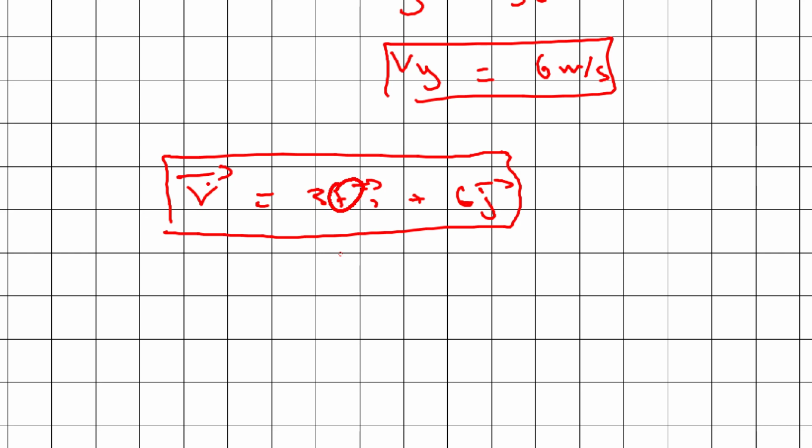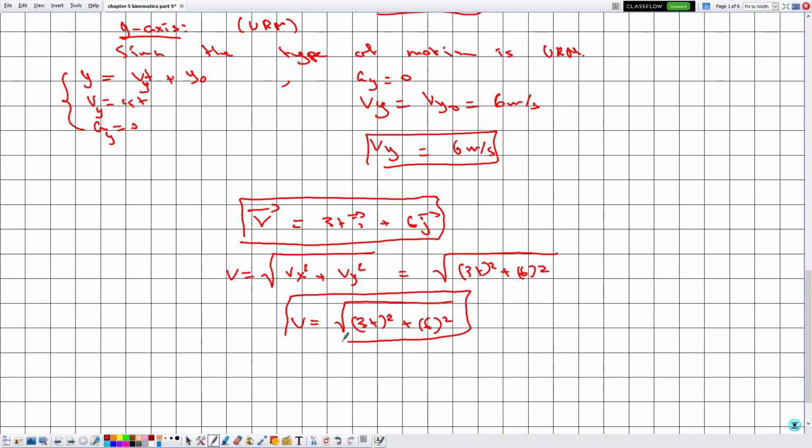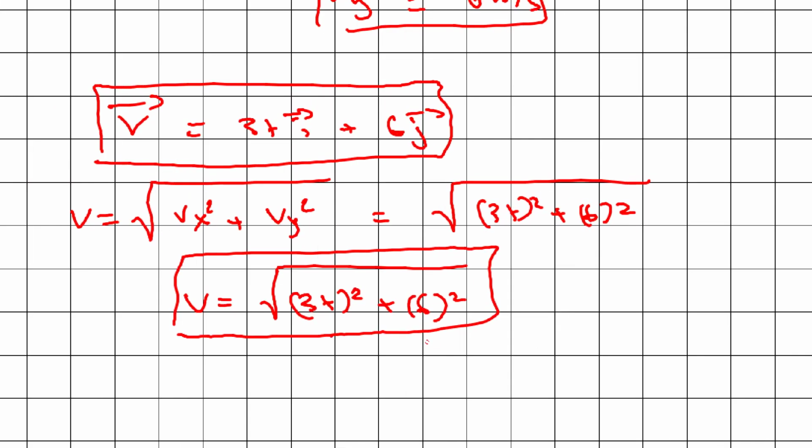Then knowing that speed is the magnitude of v, dropping down the vector, v is given by the square root of the sum of its components raised to the power 2, which is given by (3t) to the power 2 plus 6 to the power 2. So the instantaneous speed is given by the square root of (3t)^2 plus 6^2. Notice that we name it the instantaneous speed because it explicitly depends on time.